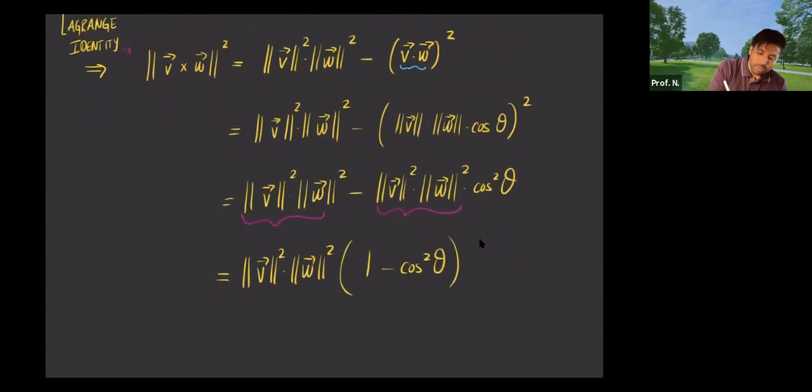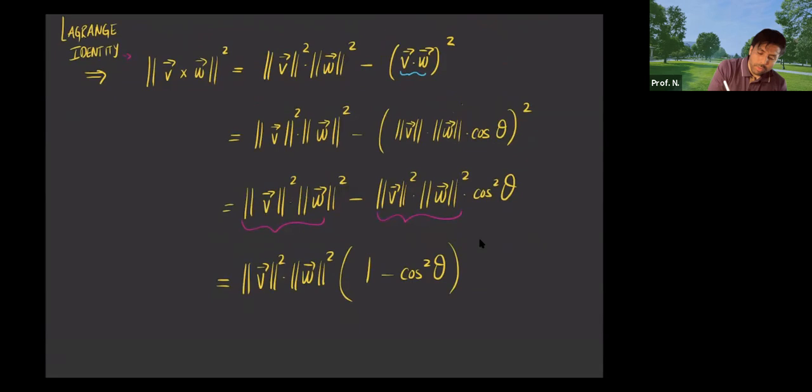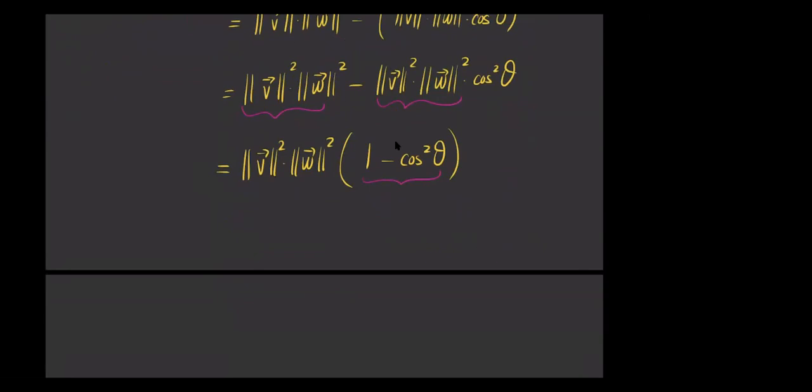But if you remember the trig identities, 1 minus cosine squared can also be rewritten as what? Does anybody remember? Sine squared. Good. It is sine squared theta.